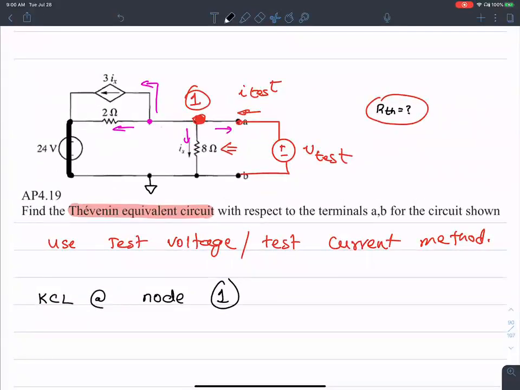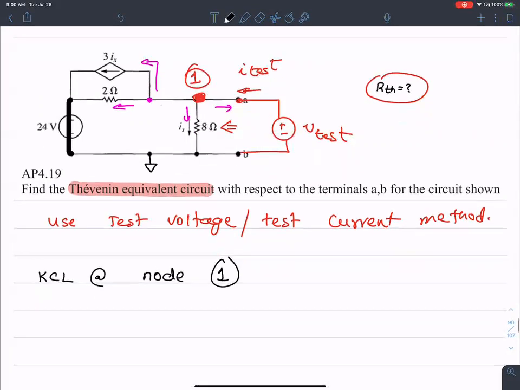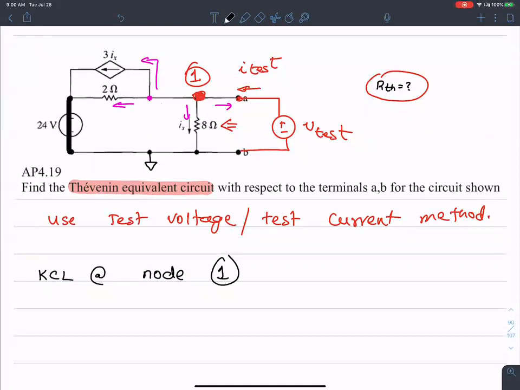Now, when I'm finding the test voltage, test current method, let me see the voltage at node V1. At node V1, V test minus 0 over 8 ohms, that's the current Ix.